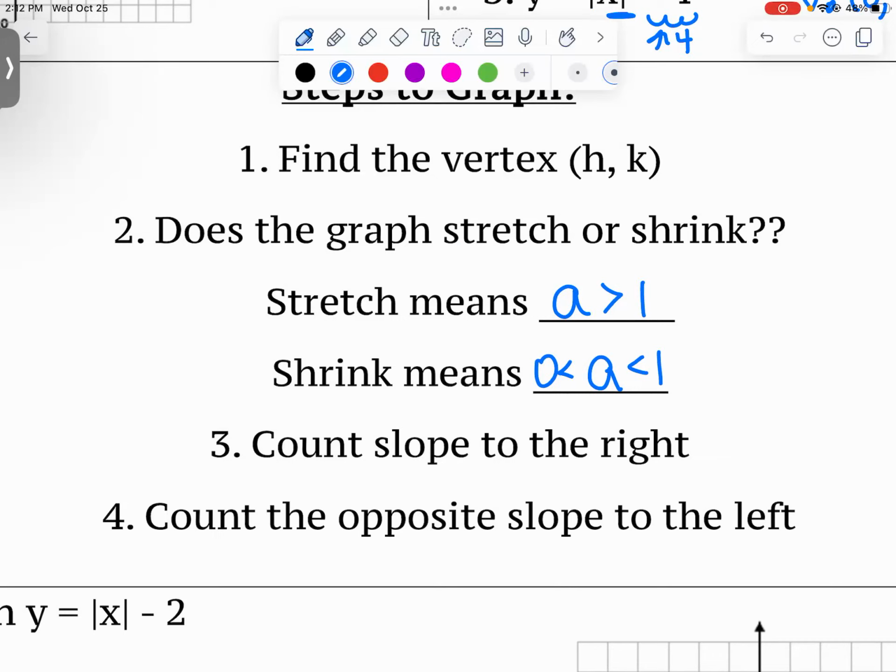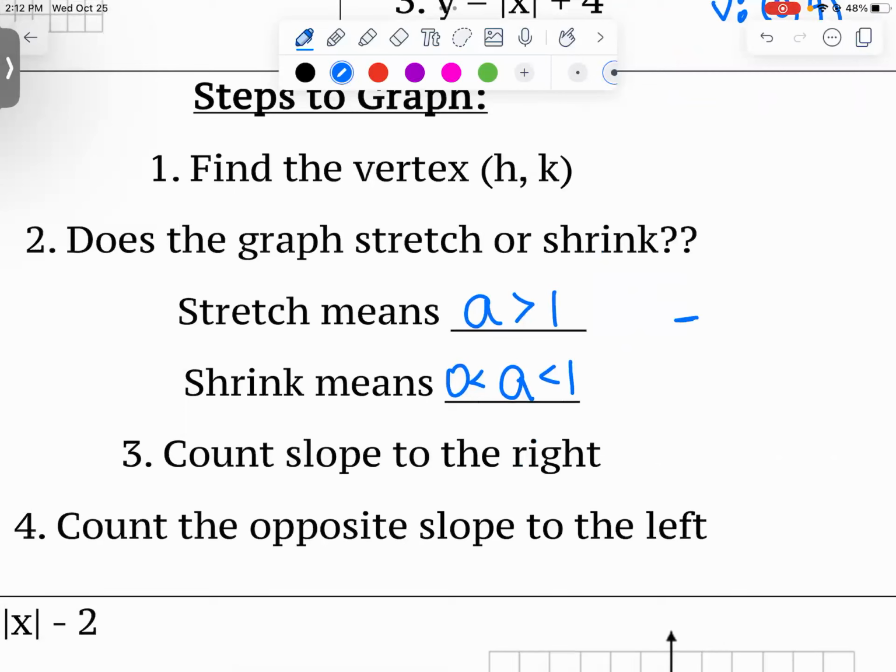It's going to shrink vertically. Now, what happens if there's a negative in front of A? It's going to go upside down. That's called a reflection. What does A stand for?